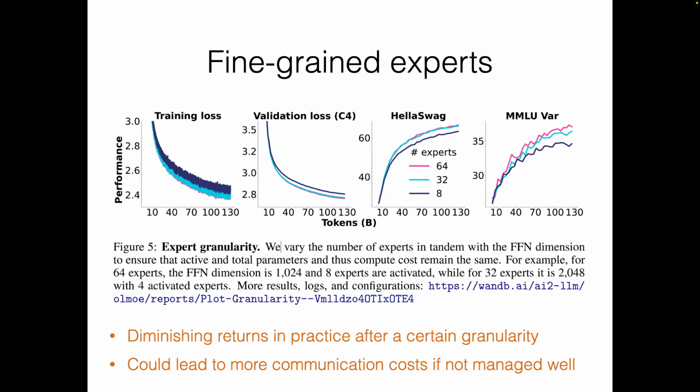You could also imagine that this can make the systems side of things more complicated. Let's say your system is pretty naive, and all of these experts are just on random devices. Well, if you're routing to more experts, we increase the number of experts that are getting routed to.